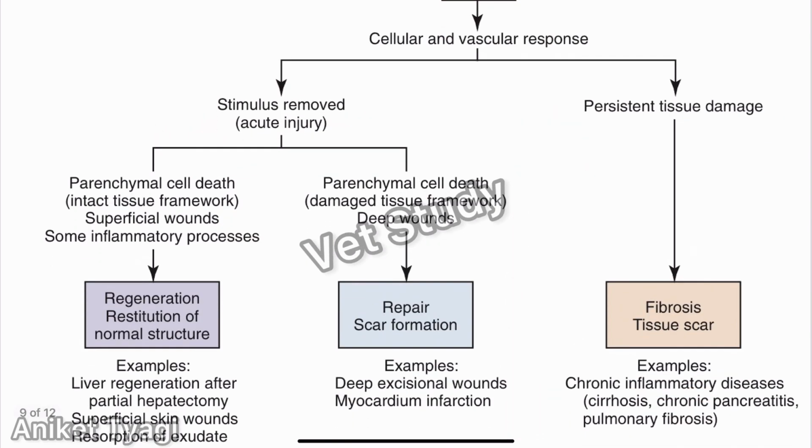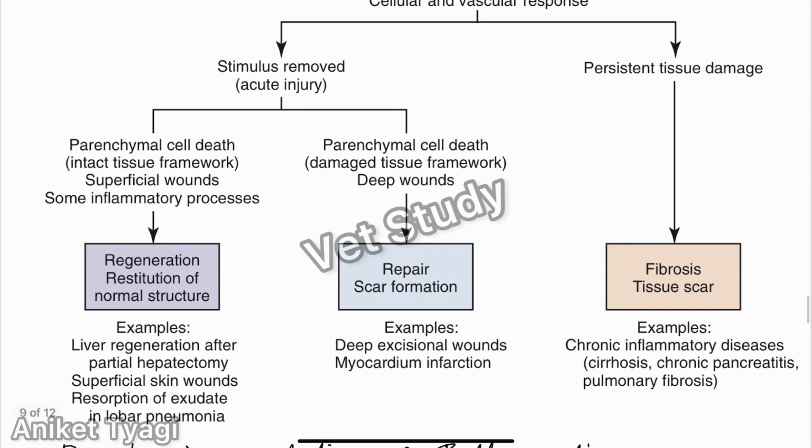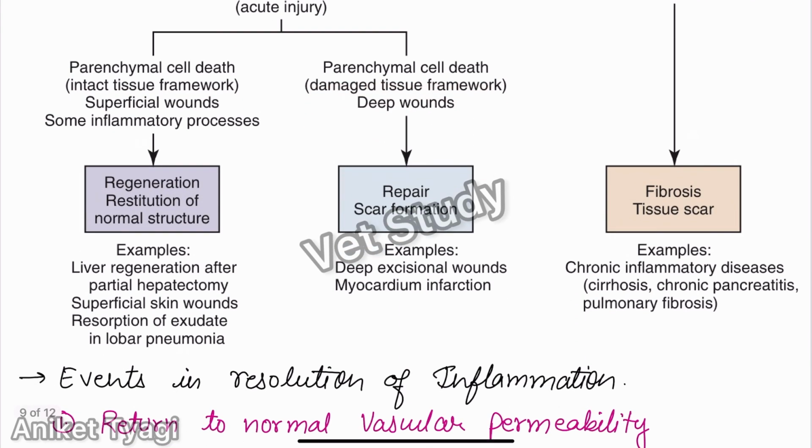When the stimulus is removed or in acute injury, parenchymal cell death occurs, but the tissue framework may be intact, or it may be damaged, right? It is intact in the case of a superficial wound or some inflammatory process, but it will be damaged when there are deep wounds, right?